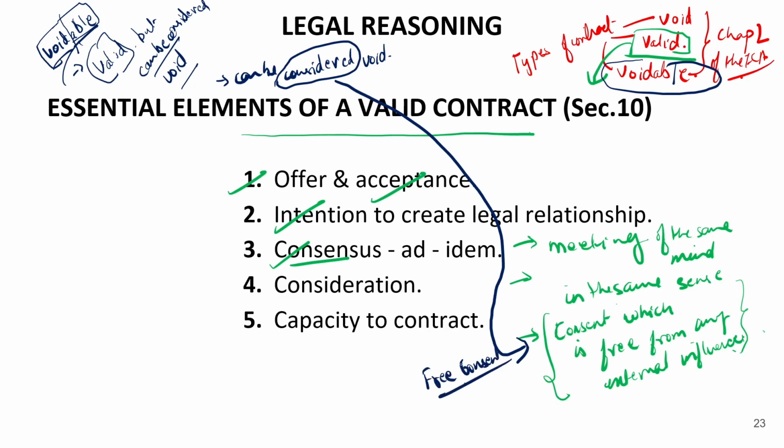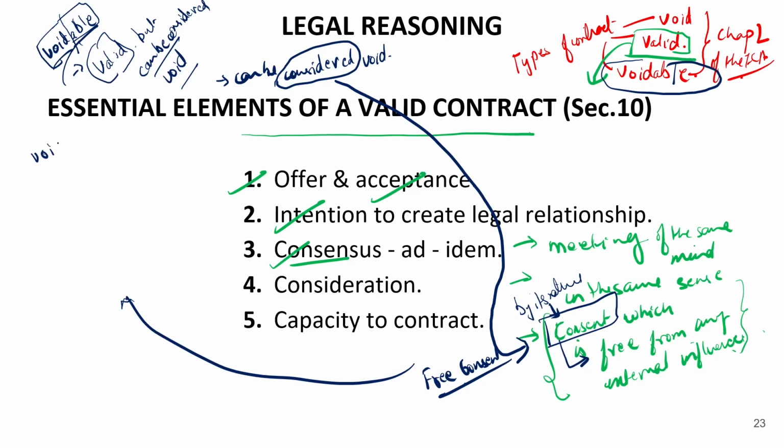So one has to see that if there is any agreement and by its nature it is revealed that it is not with consent which is free in nature, that type of contract becomes voidable.